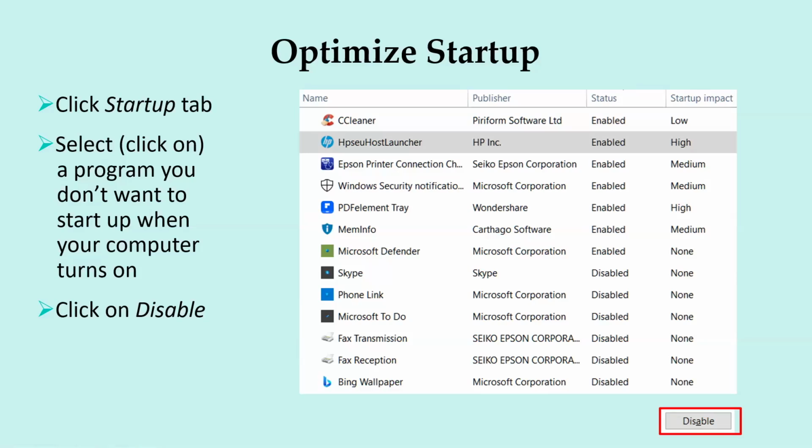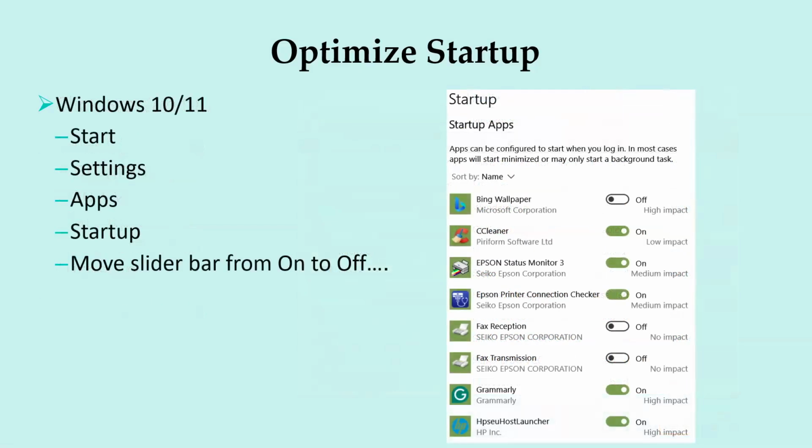But at any time, if I want to use the Microsoft To Do, I can turn it back on again. So please take a look at that and see what you've got. And this is how in 10 and 11, you can do it, and you just slide that bar back and forth. Okay.